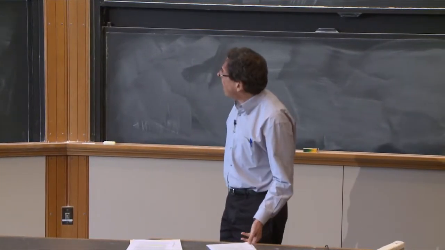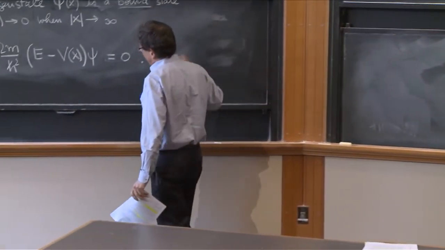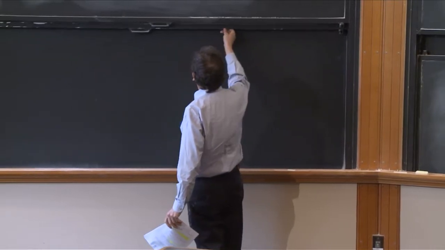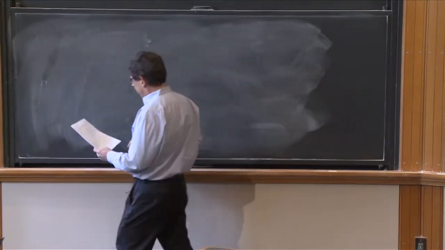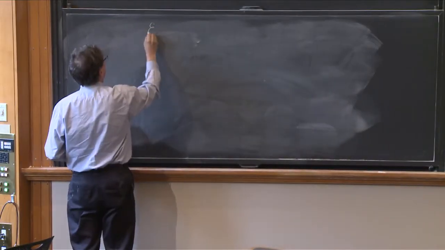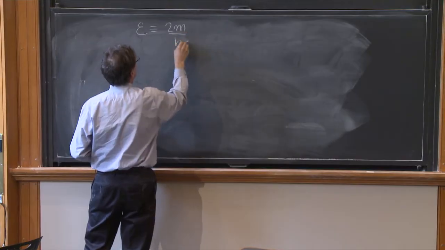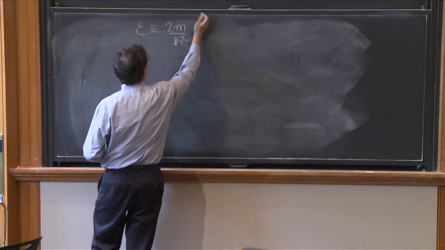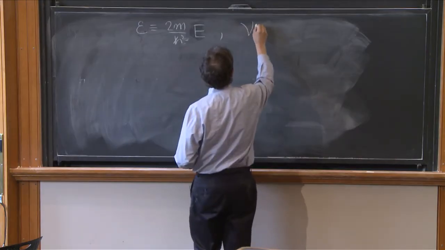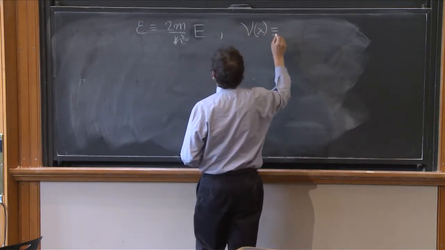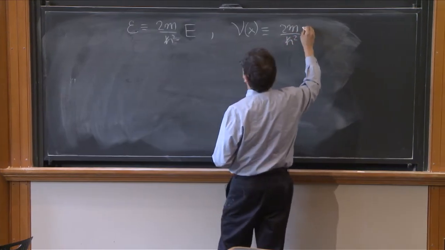Just to write things with a little more clarity, we scale the energy. So we define a calligraphic energy, which is 2m over h-bar squared times the energy E, and a calligraphic V with the same scaling factor.